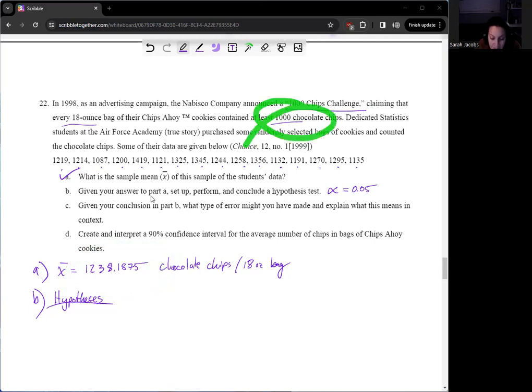They're saying it's at least 1,000. I'm going to say that it's greater than 1,000. So the null is going to be that mu is equal to 1,000. And the alternative is that mu is actually greater than 1,000. Right, because our mean was a lot bigger.